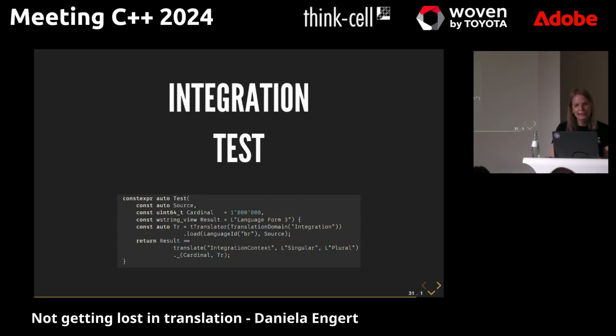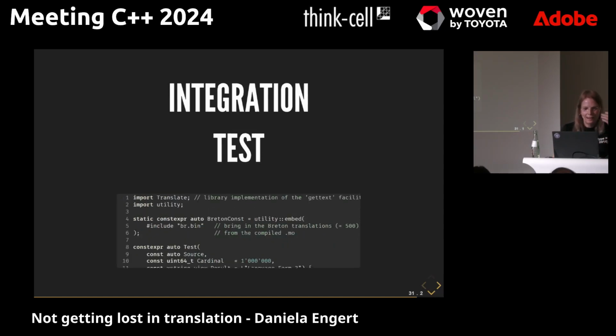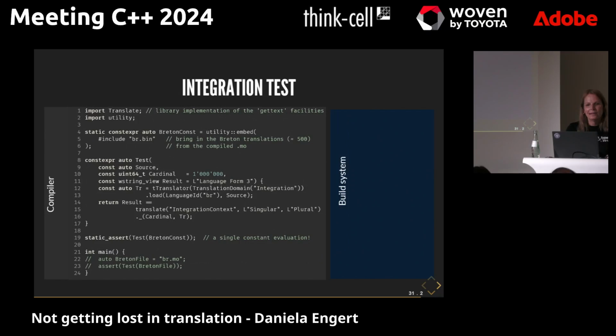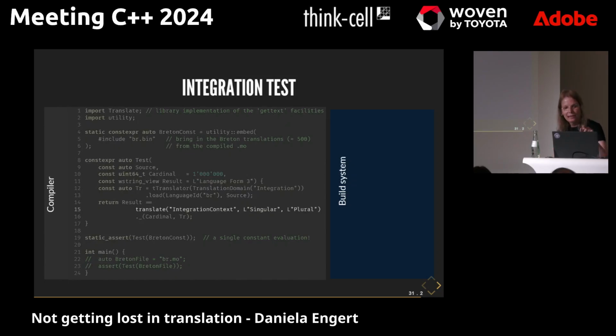And I want it to be a white string. What does it mean? I not only check what's going on in the compiler. Remember, constant evaluation is performed in the compiler. I also have to involve the build system, because this is what I have.